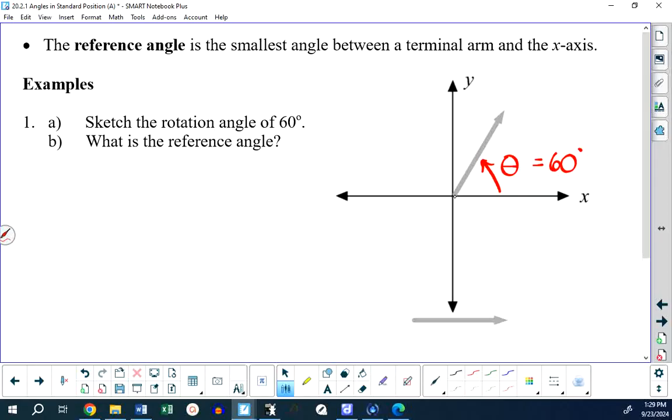So the rotation angle is 60 degrees, and I am going to tell you this now. It's just going to save so much time. Whenever you see theta, it's the rotation angle. We don't have to write theta sub rotation. Okay? So that's the rotation angle.